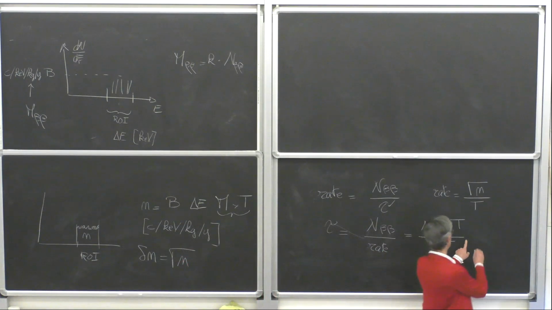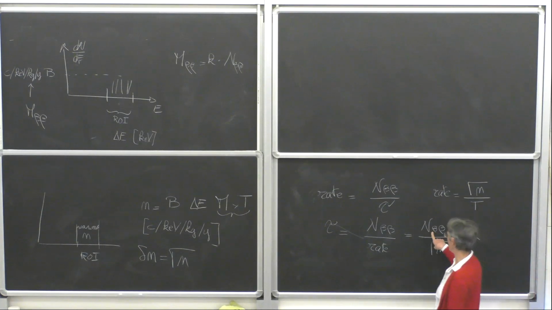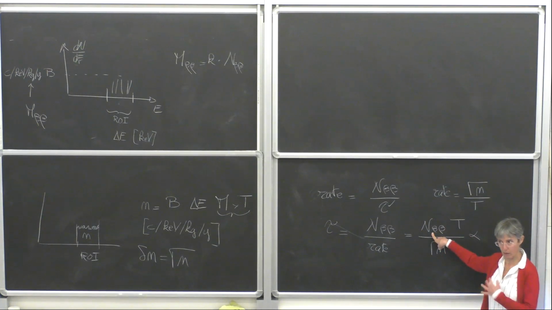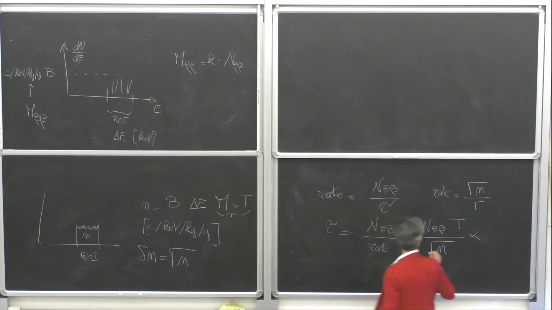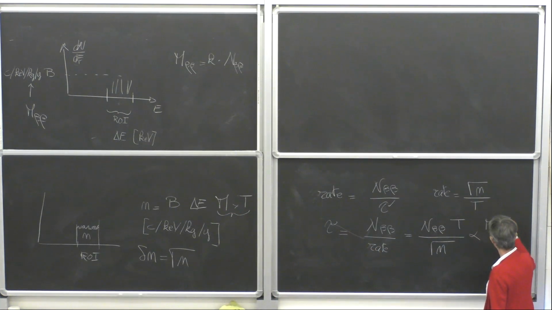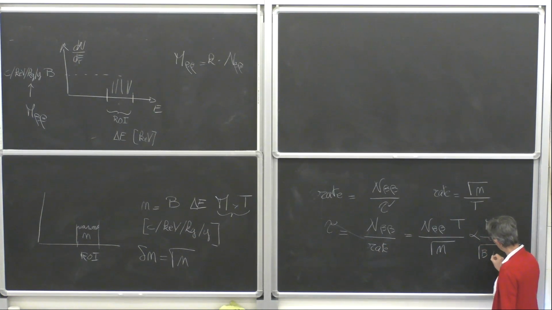Then what I get, this is proportional to n beta, where beta is the number of isotopes that I have in my source, which is proportional to m. So this is the exposure. And this is the square root of, okay?